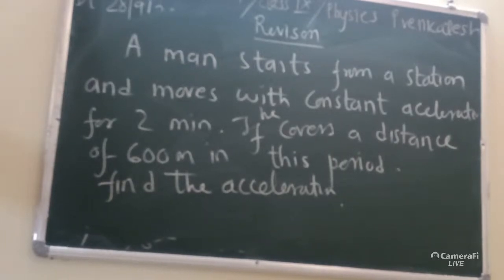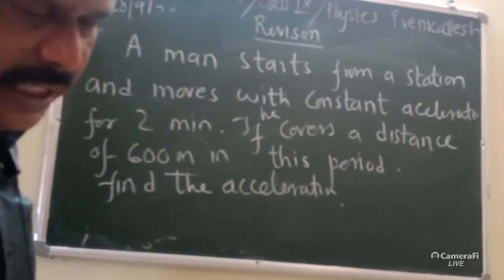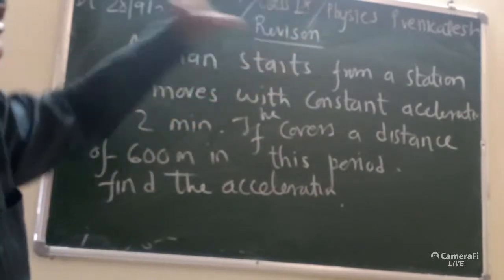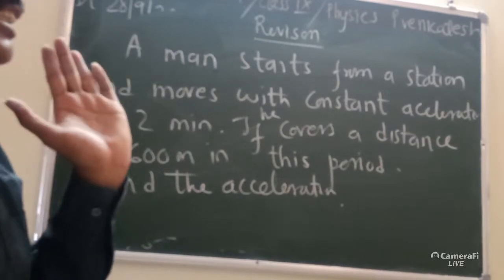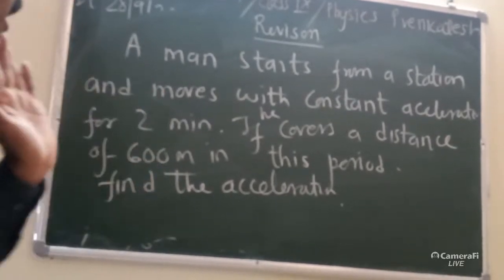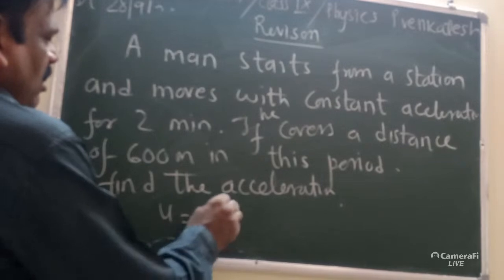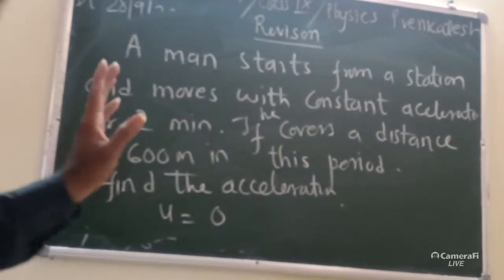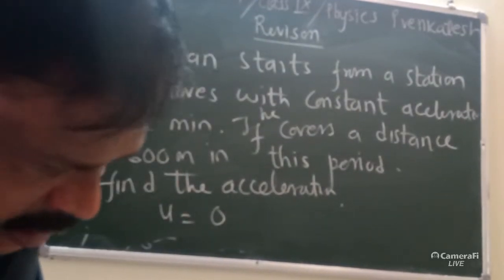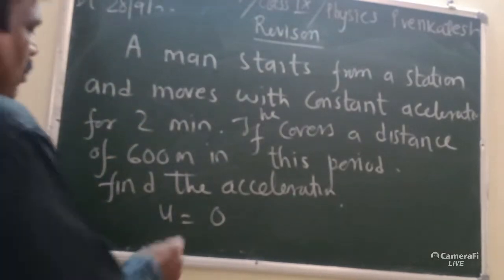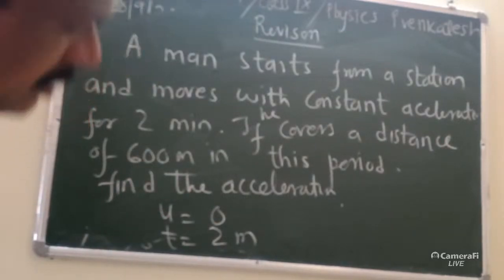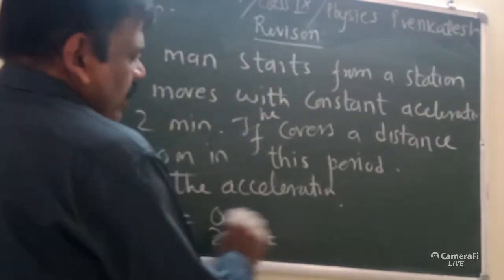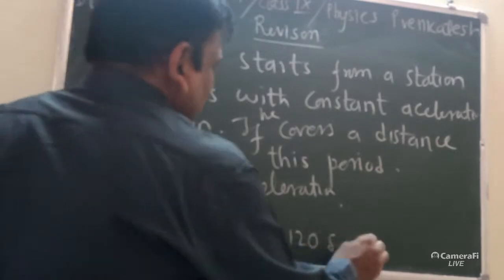Now, the man starts from a station, meaning he was standing, so the initial velocity u will be 0. Constant acceleration. Time equals 2 minutes, convert into seconds: 2 into 60, that is 120 seconds.